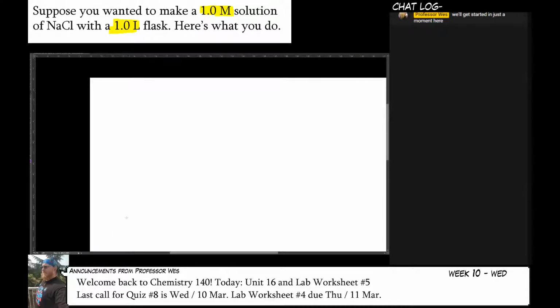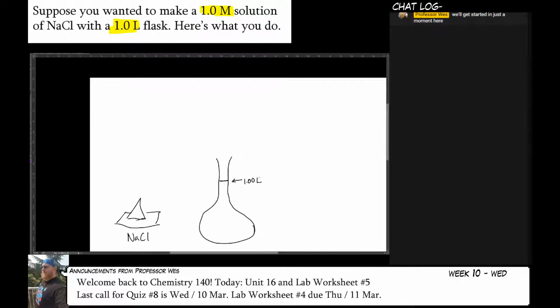So I have my solid sodium chloride. It's on my little weighing boat here. And I have a flask. These are called volumetric flasks because on the flask is a line.